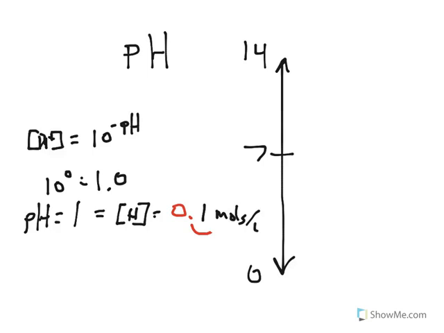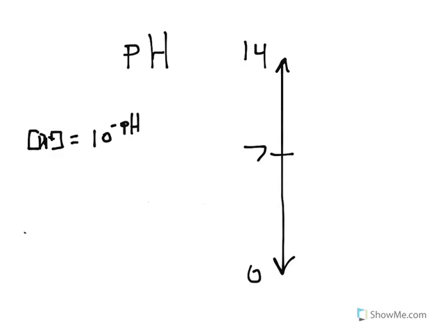So the pH tells you how many places in the tens position you're moving. The bigger the number, the lower the hydrogen ion concentration would be, and that's something very important for us to know.